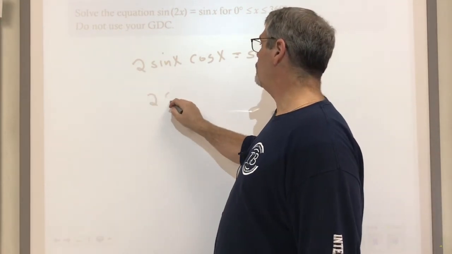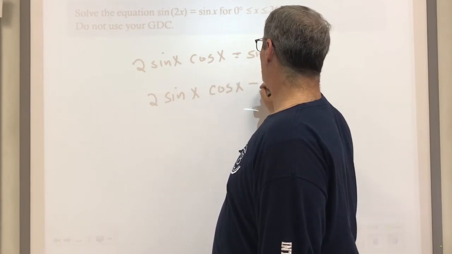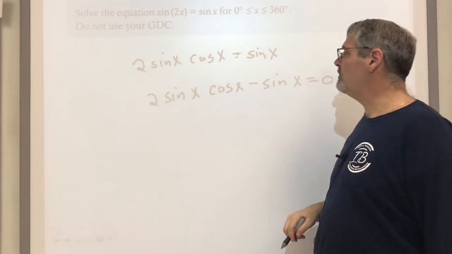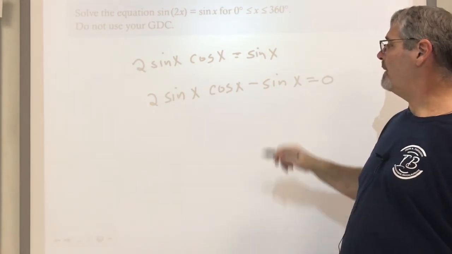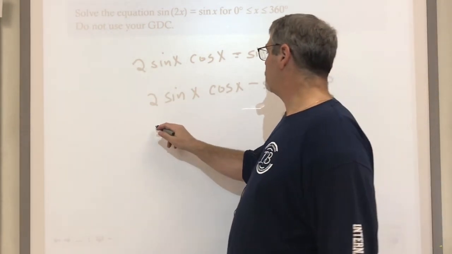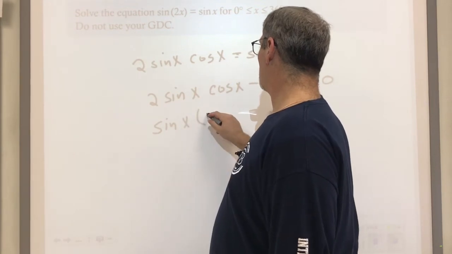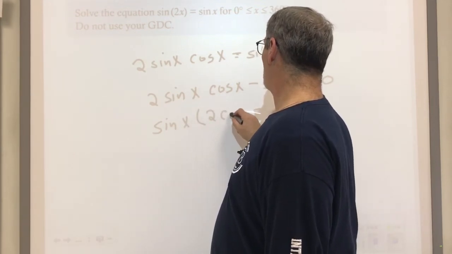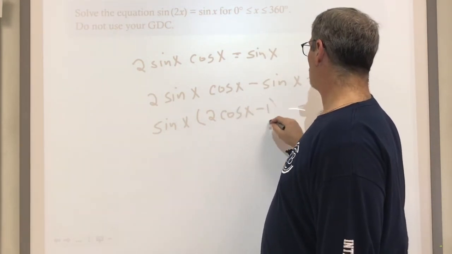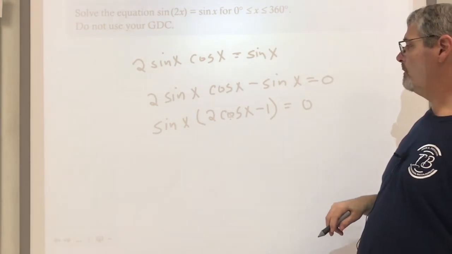I'm going to get 2 sine of x cosine of x minus the sine of x equals 0. I'm going to factor out a sine of x. That is giving me 2 cosine x minus 1 is equal to 0.